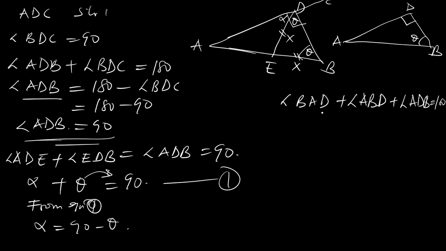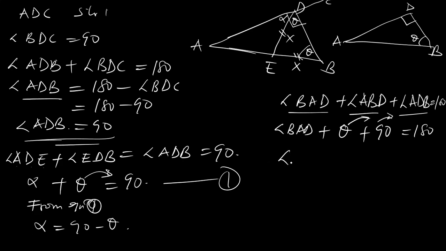We're looking for angle BAD. Angle ABD is theta and angle ADB is 90, so the sum is 180. If we move all this to the other side, we have angle BAD equal to 180 minus 90 minus theta. This will give us 90 minus theta.